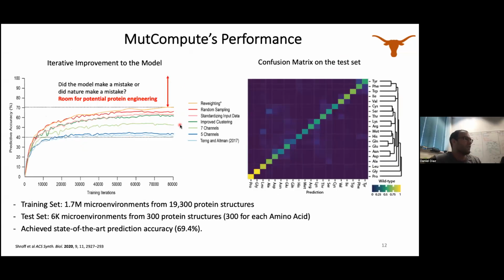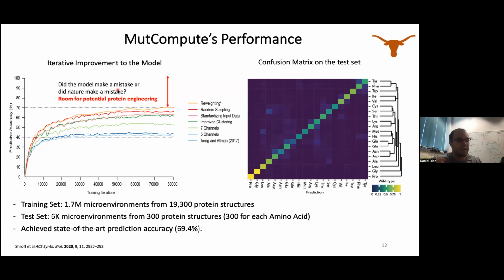So we originally got this training scheme from a paper by Torng and Altman. And the grad student before me worked on it whenever I was a first-year student. He brought it up to about 70% accuracy at repredicting the wild type amino acid, or the amino acid that we masked. And at the time we were looking at, well, how do we use this for protein engineering? And we came on this hypothesis of, is the model actually making a mistake, or is nature making a mistake?